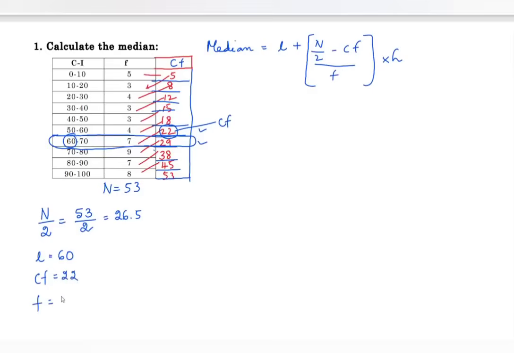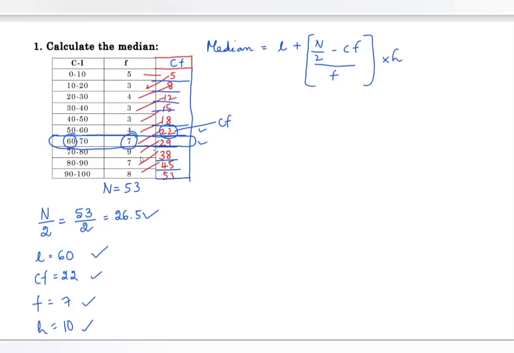F equals the frequency. In the frequency column, F equals 7. Class size H equals upper limit minus lower limit, that is 20 minus 10 or whatever it is. We get class size as 10. Now we have the n by 2 value, L value, CF value, frequency value and the class size.